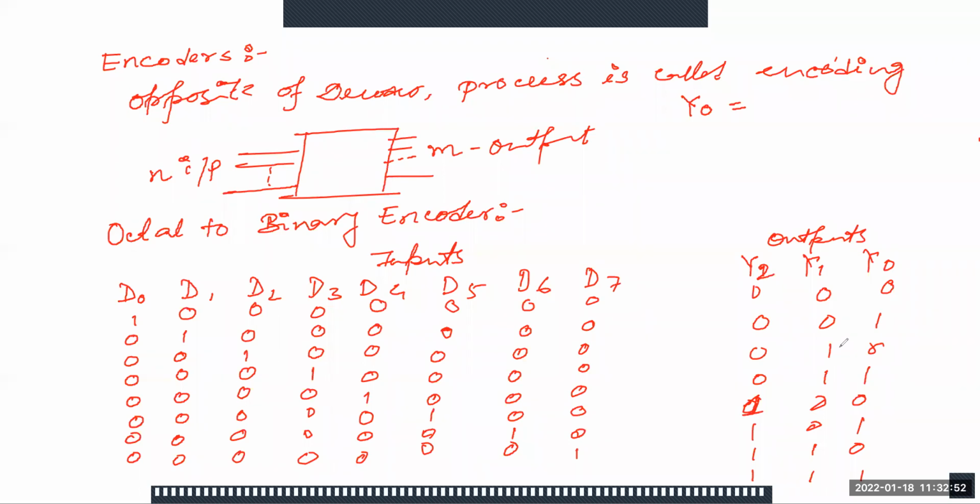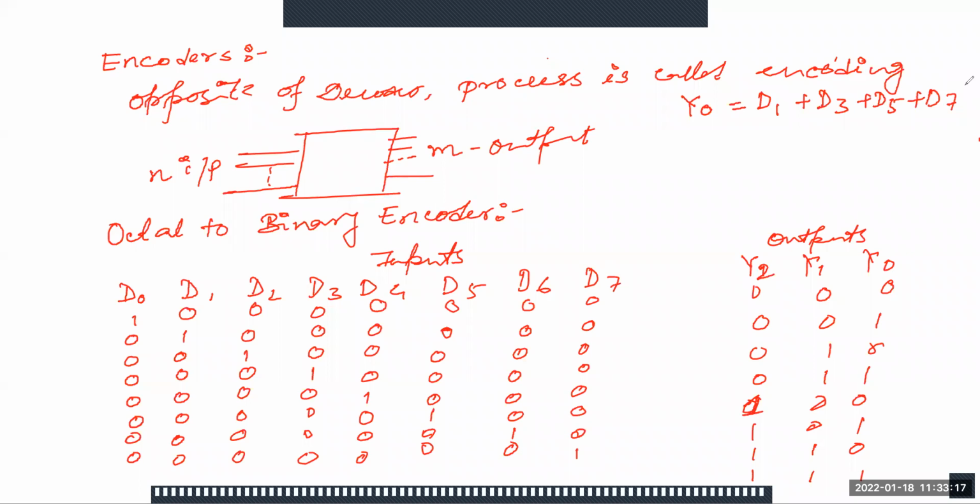So for the case of Y0, from the truth table, you can get that Y0 equals D1 plus D3 plus D5 plus D7.